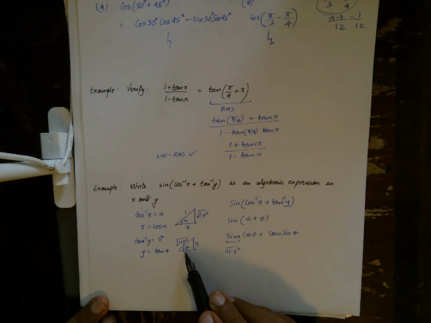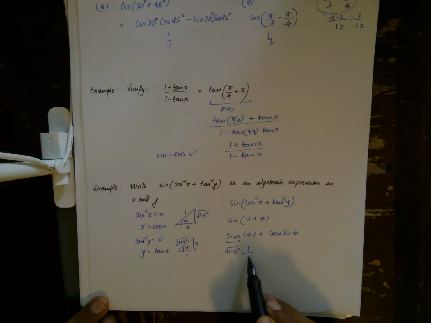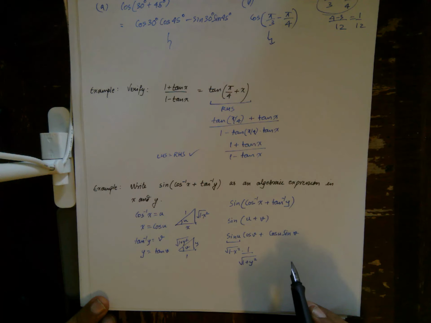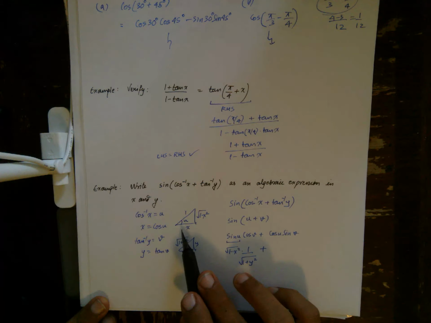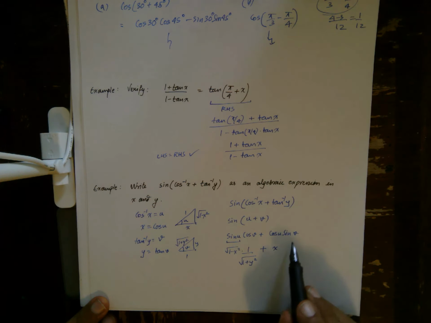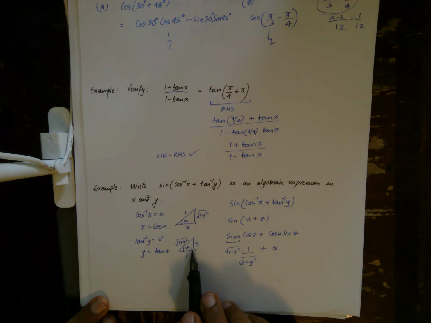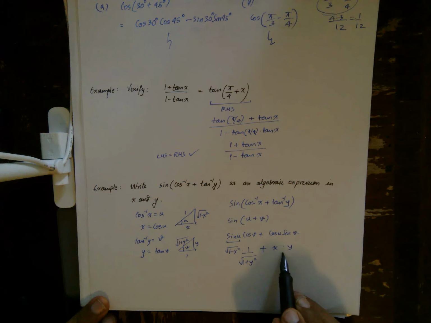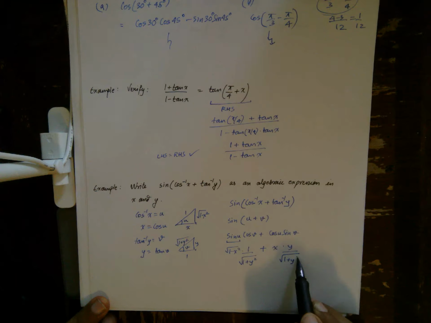Cosine v is 1 over square root of 1 plus y squared. Cosine u is x, and sine v is y over square root of 1 plus y squared.